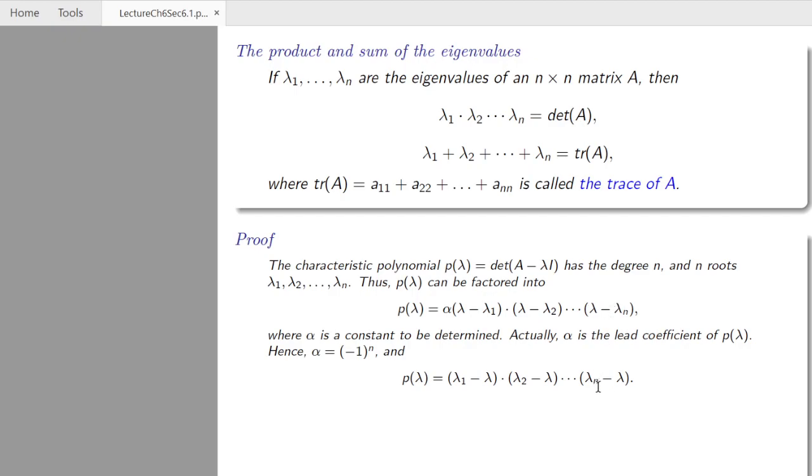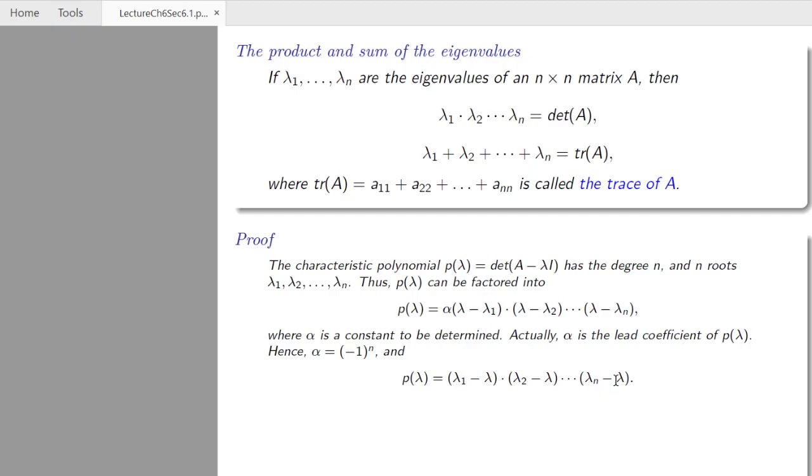So in this way, we can say the characteristic polynomial P(lambda) actually equals the product of lambda 1 minus lambda, lambda 2 minus lambda, up to lambda n minus lambda.